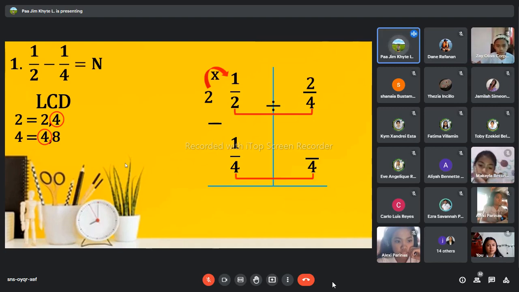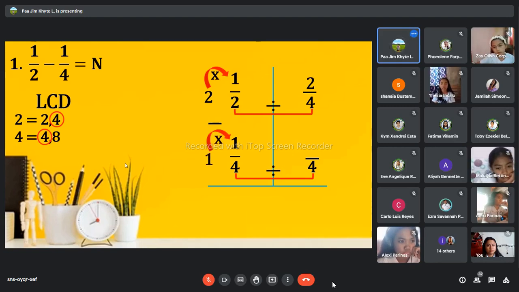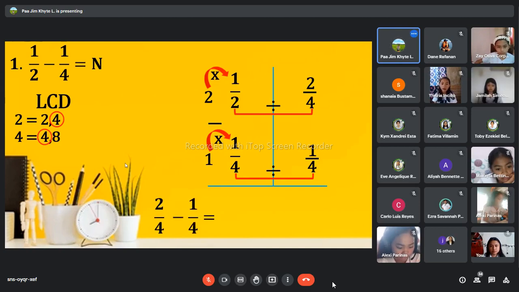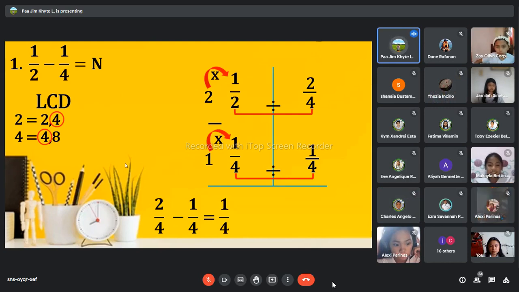The next one, 4 divided by 4 is equal to 1, 1 times 1 is equal to 1. So let's rewrite our equation and it will look like this. 2/4 minus 1/4 is equal to 1/4. Did you get the same answer, class?